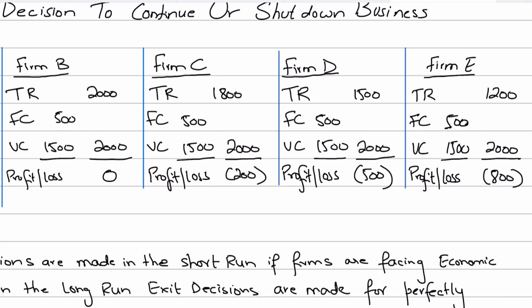Then for a firm that is incurring a loss, when would a firm incur a loss? When the average total cost is more than price. When the price is, let's say, $5, while the average total cost is maybe $8. So there's a loss per unit of $3, economic loss.